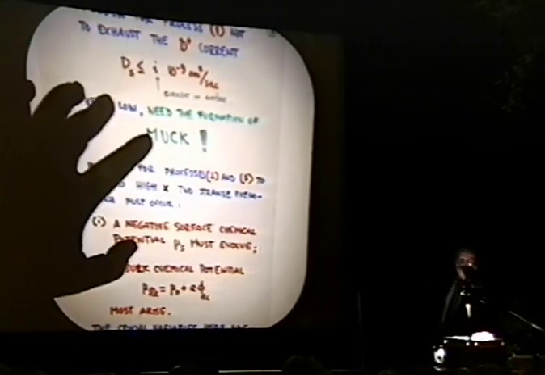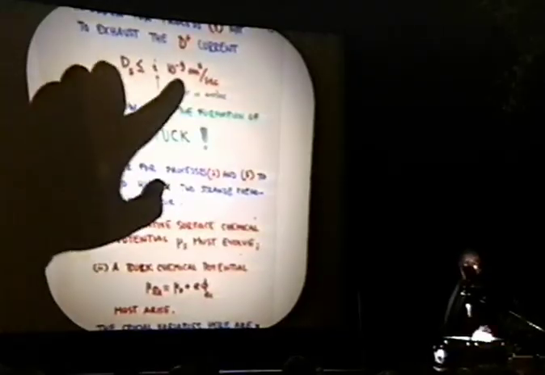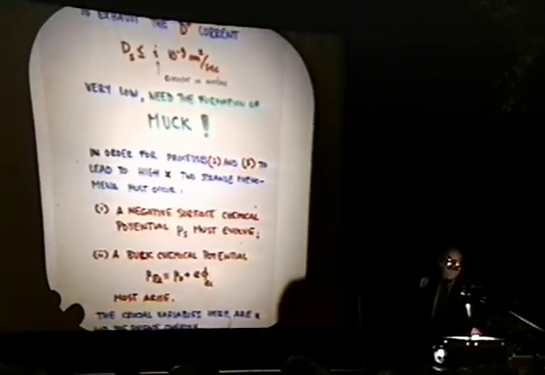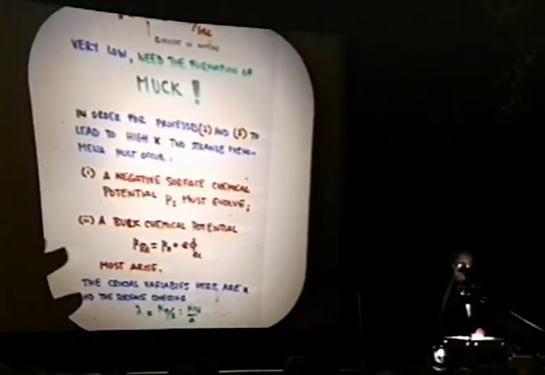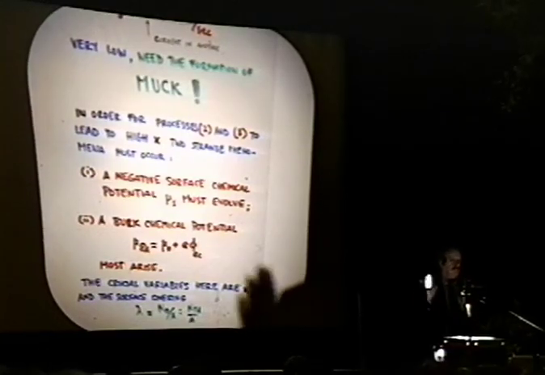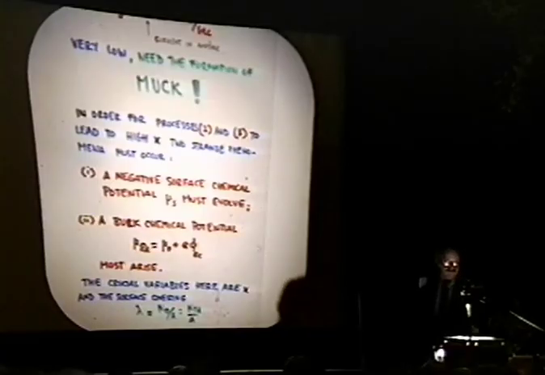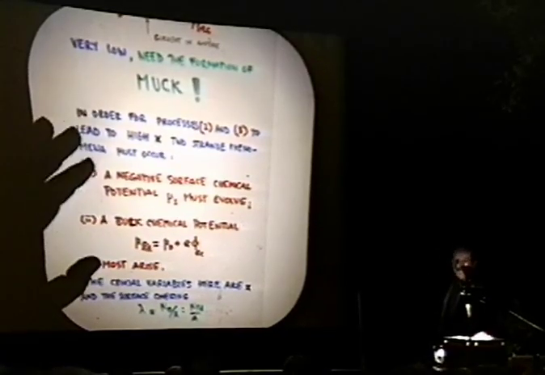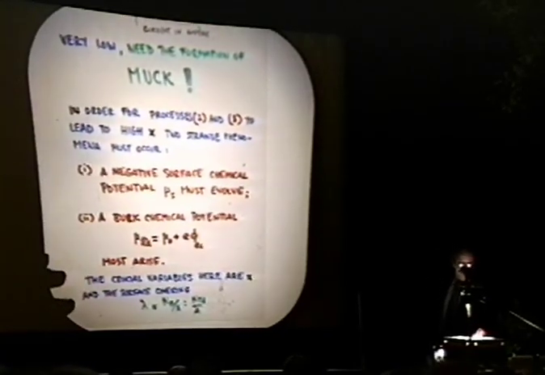Now, if we're able to go to this very low surface diffusion coefficient, then in order for process 2 and 3 to work together, so that once you have something, you can really hold the system together, you need two strange phenomena to occur.